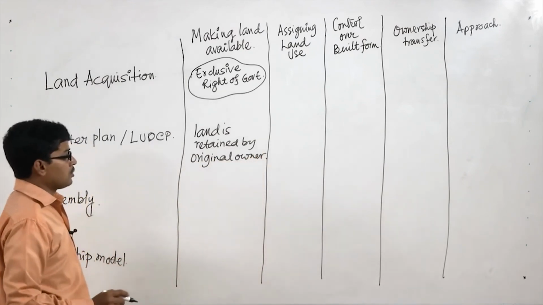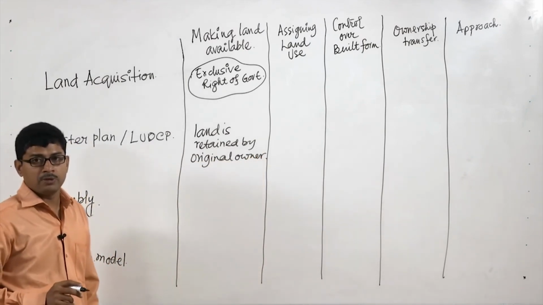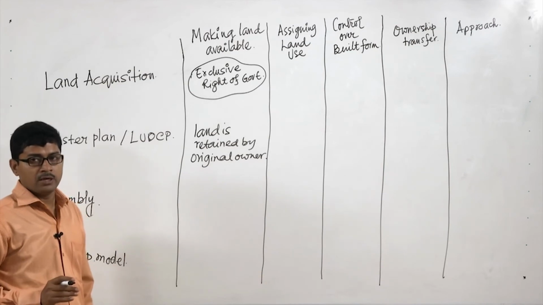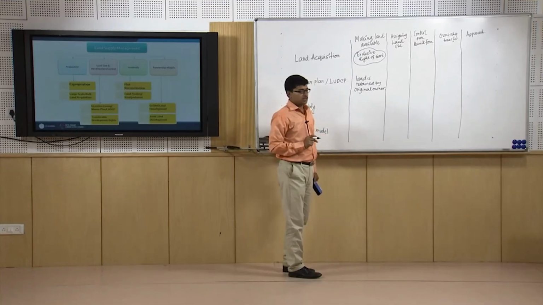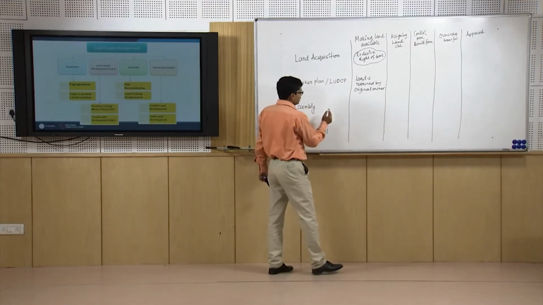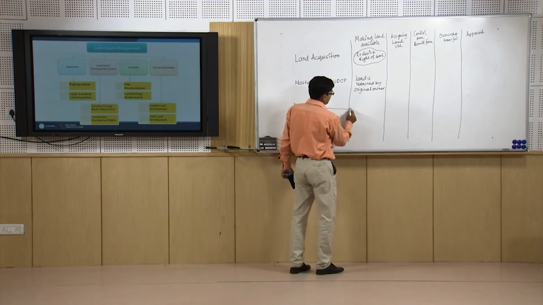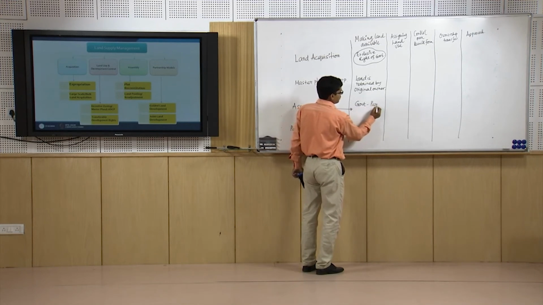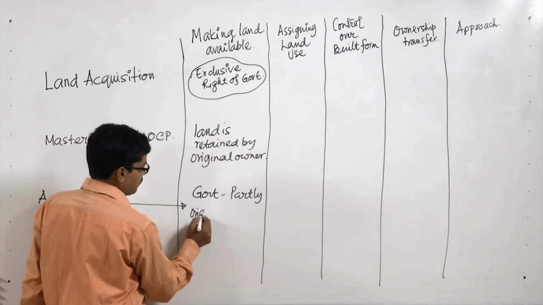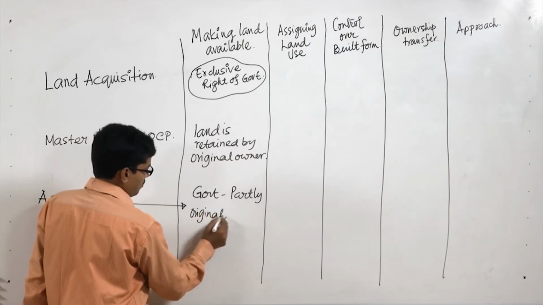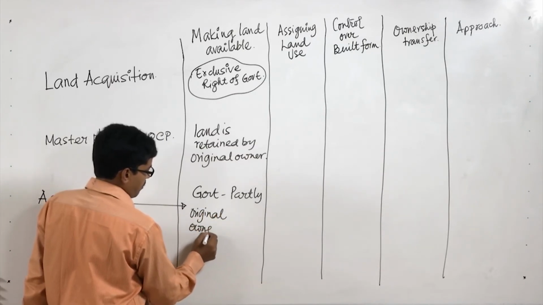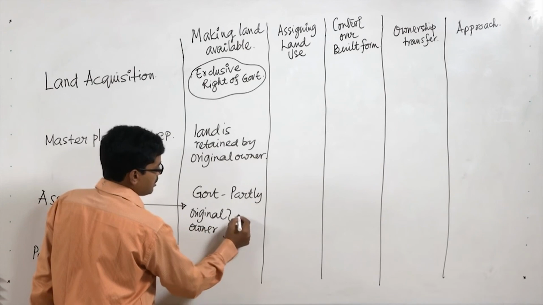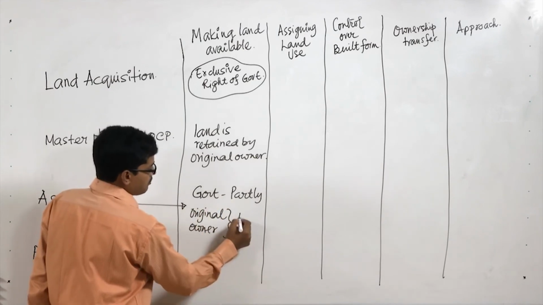So, the original owner may be government, it may be private, it can be a company, but government is not taking the ownership of the land. In land assembly, government takes the land partly and the original owner keeps the land ownership of the remaining plot.